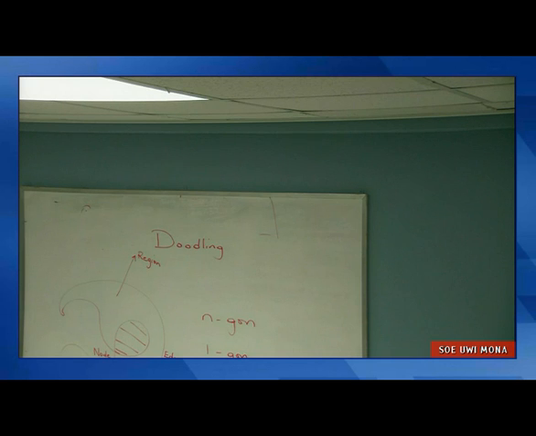We also look at doodles in a similar way to how we look at polygons. For example, this loop has only one edge, and the edge is the connection from a node back to a node.